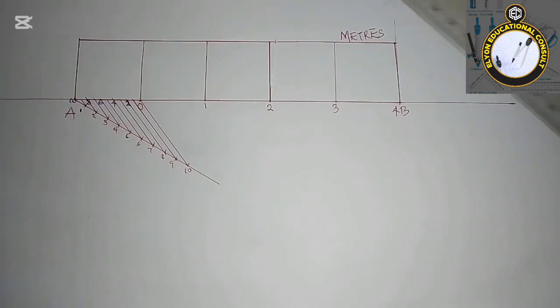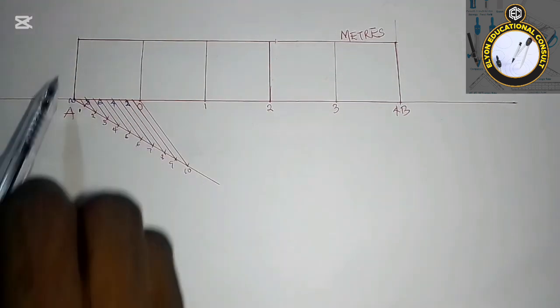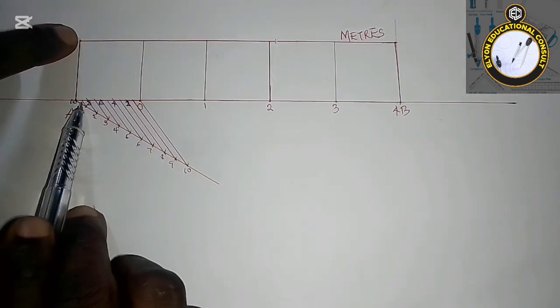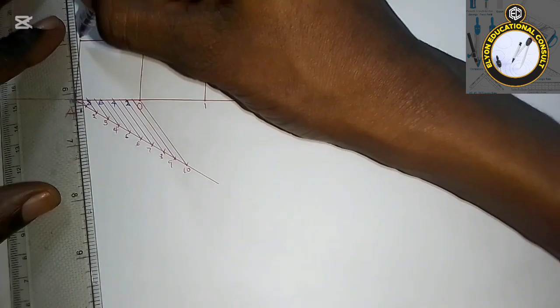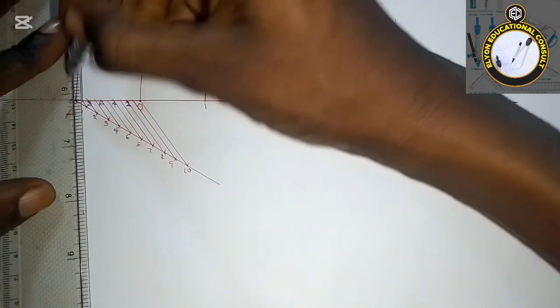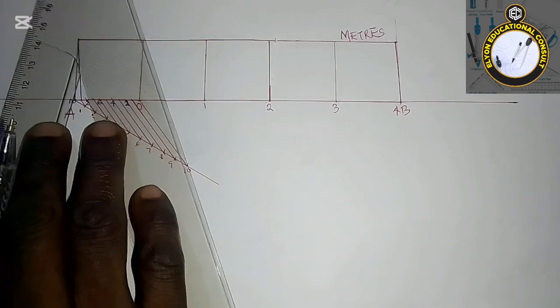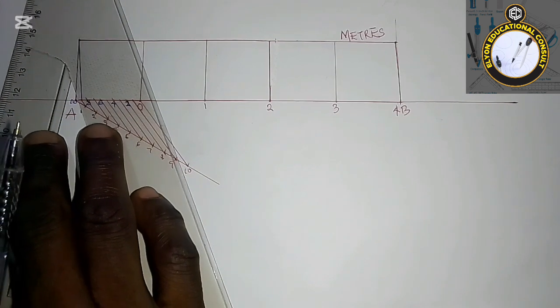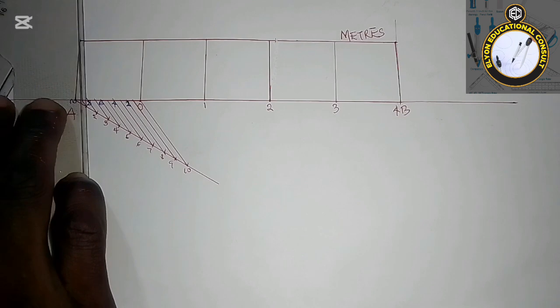Because it's a diagonal scale, I will pick from 9 now and join 9 to this angle here, so it should be inclined. Okay, this way. You can place this so that the lines will be parallel.